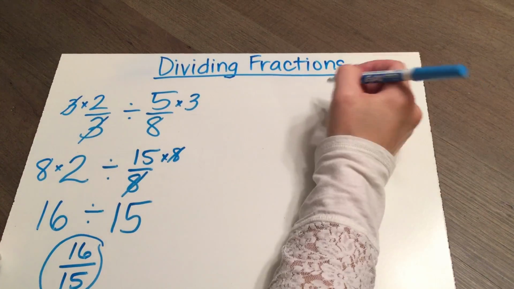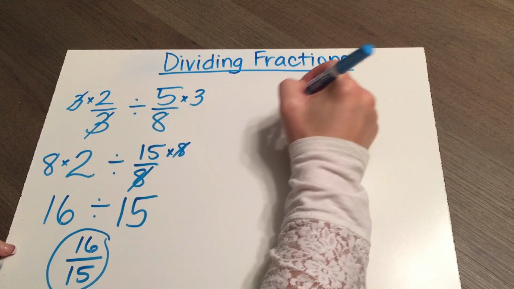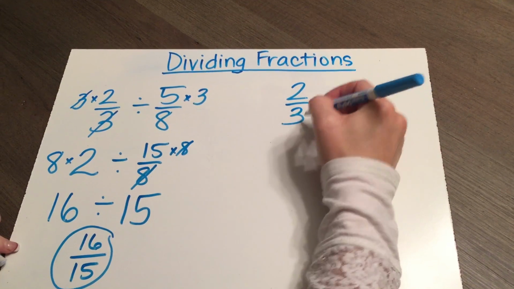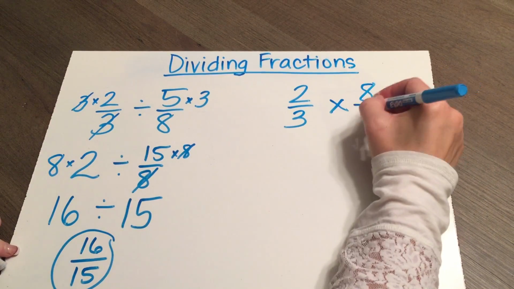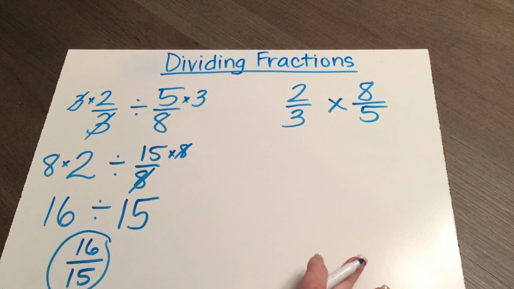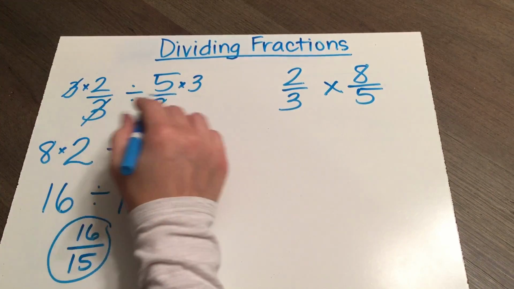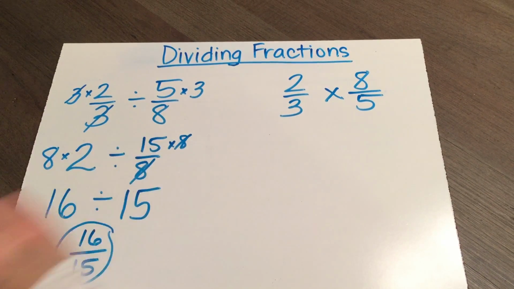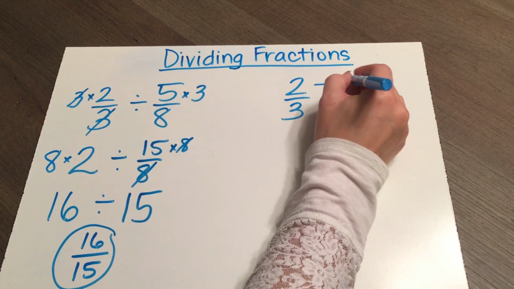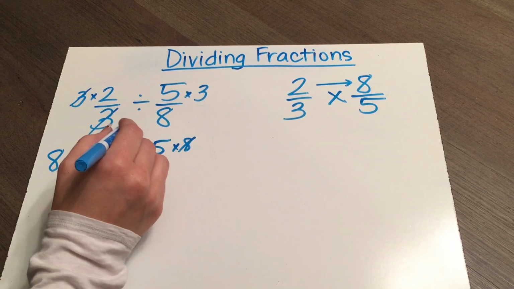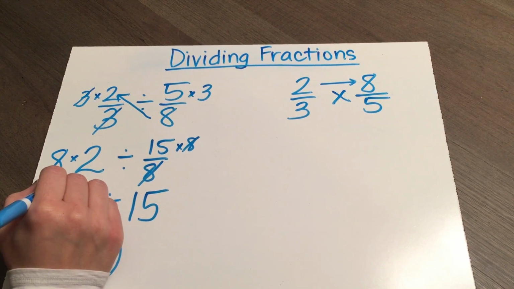Okay, if we write it in the invert and multiply way, we have 2/3 times, and then you invert the fraction, 8/5. Let's show how that relates to this. What we're doing here is multiplying the numerators by those denominators. Here we have 2 times 8, which is what we achieved here by multiplying that 8 by 2 and getting a 16 whole number.